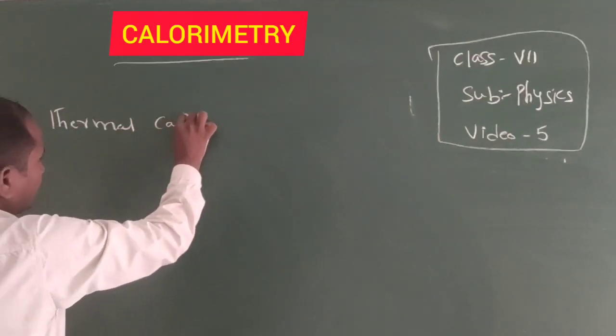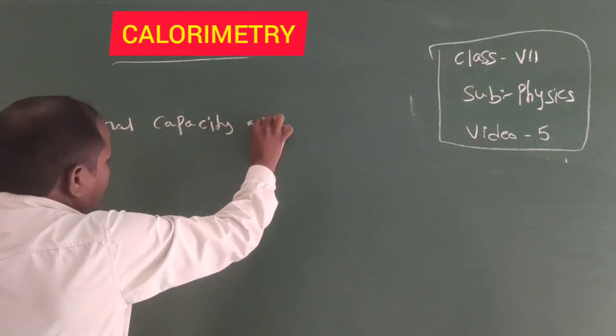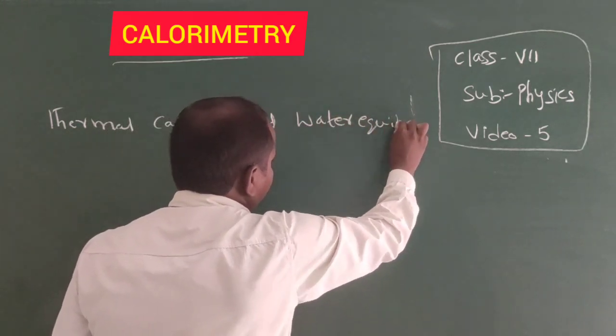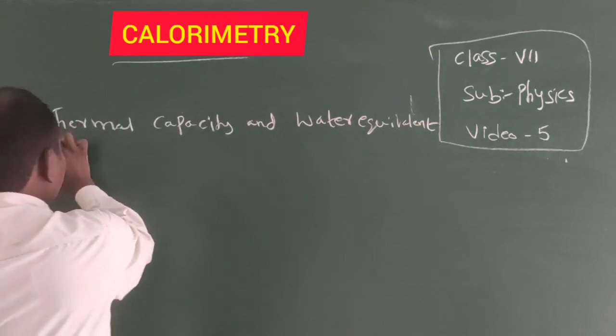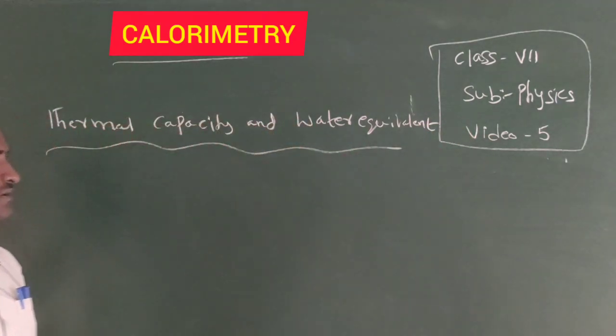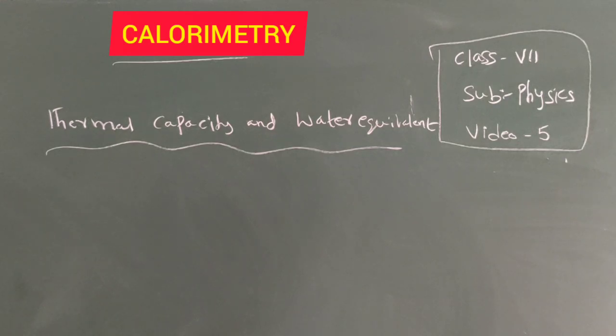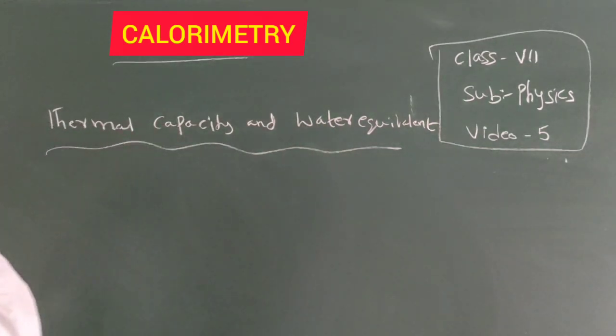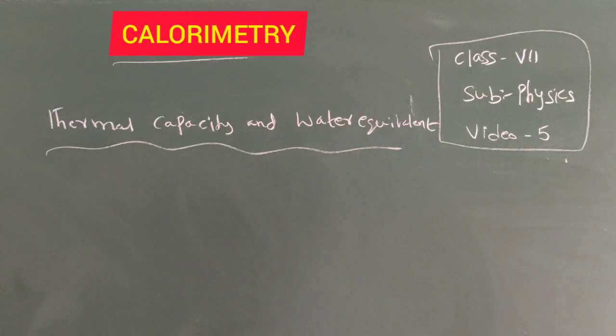Thermal capacity and water equivalent. Heat capacity is different for different objects. Thermal capacity of a body is defined as the amount of heat energy required to raise the temperature of a body through 1 degree Celsius.